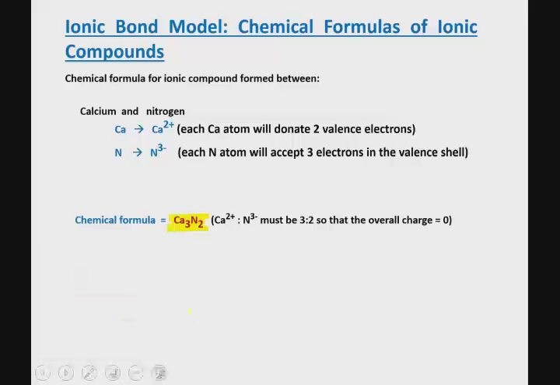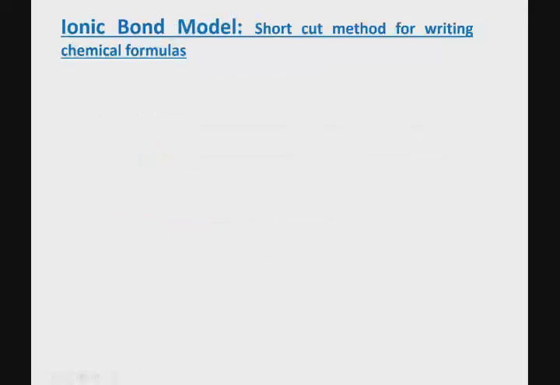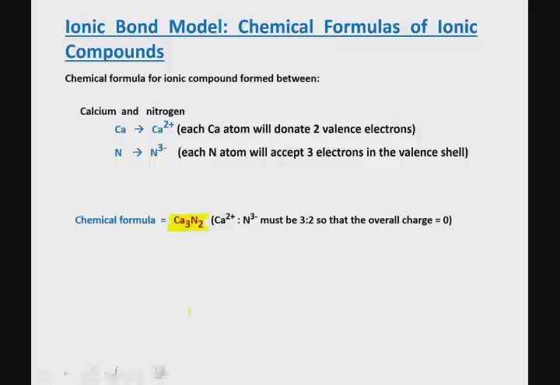When you see Ca3N2, mentally you can account for the charges by once again focusing on the total positive and the total negative. Now remember, each calcium ion has a charge of 2+, but then there are 3 of those, which means the total positive is 6+.